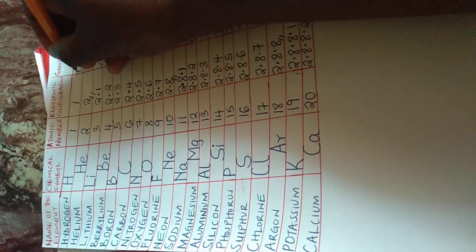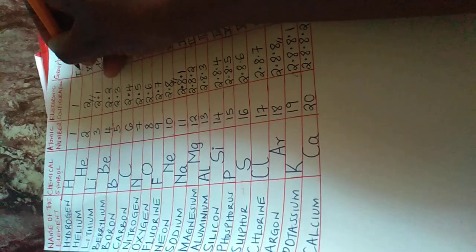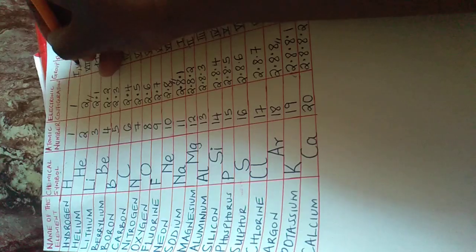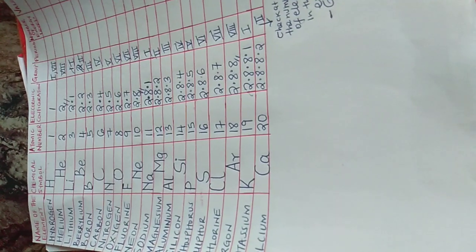For hydrogen, it can behave as a group 1, and it can also behave as a group 7. So why do we say so? Hydrogen inakuanga na only 1 electron. Remember, ikiwa atomic number 1 iko pia na only 1.